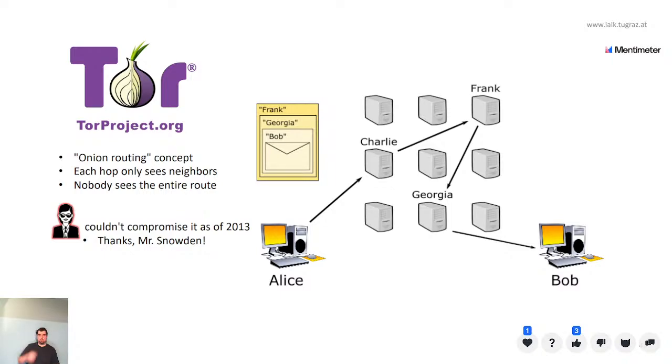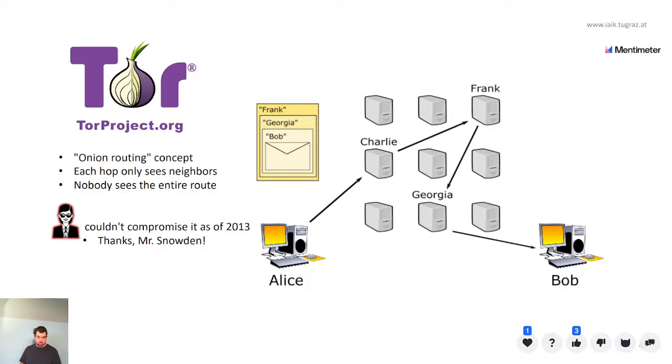Alice tells the proxy server, okay, please send a message to Bob, and then the proxy server obviously knows that Alice talked to Bob. Now, what is the idea behind the Tor project? This one proxy server knows who Alice is talking to, but we just add more proxy servers. That is the very fundamental idea.